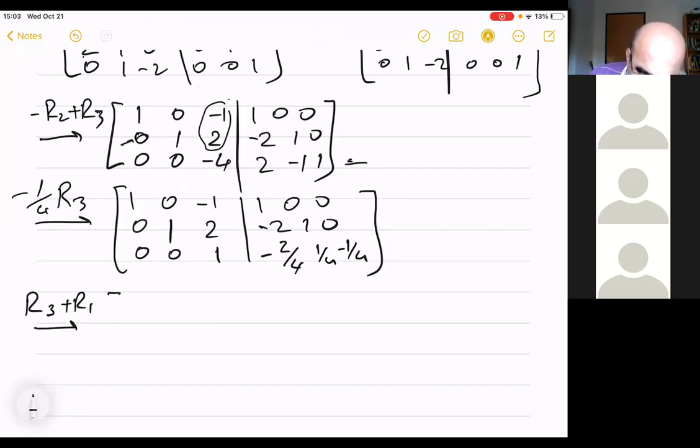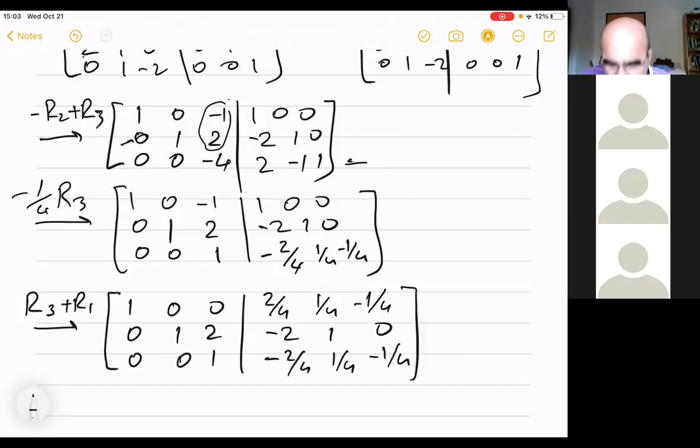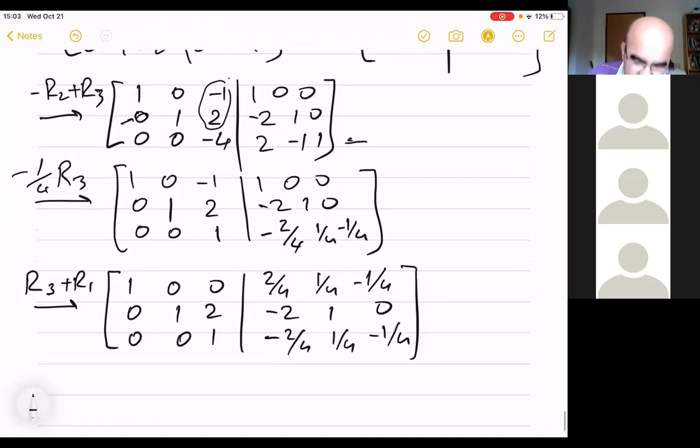So that this becomes 1 0 0, this becomes 2/4, 1/4 minus 1/4, and 0, 1, 2, minus 2, 1, 0, 0, 0, 1, minus 2/4, 1/4, minus 1/4. So I don't want to write 1/2 for 2/4. The reason is clear that I can make these additions easier.